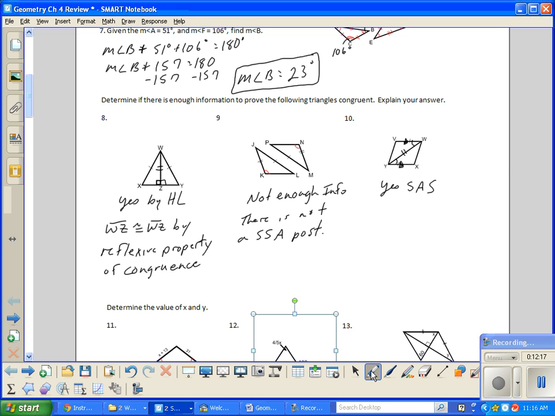And what we have to explain is that WY was congruent to WY by the reflexive property of congruence.